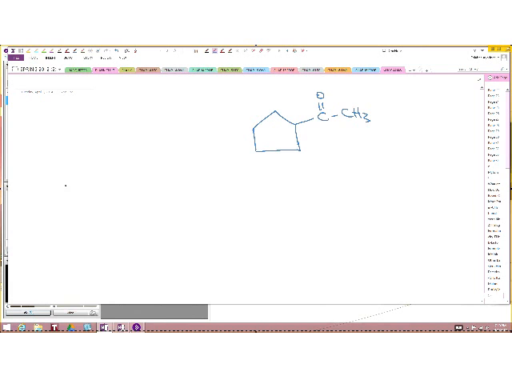Okay, well, let me help you out here. So we start with... keep in mind here, if you have to make this from malonic ester, you have to start off by assuming that this is the carbonyl of your carboxylic acid.